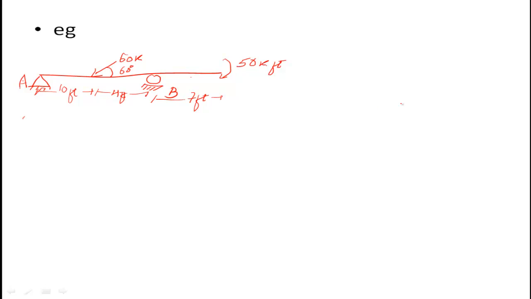Now first of all we will draw a free body diagram for this beam. You have a roller support, and the support reactions will be shown as By here, and at point A, Ay and Ax.